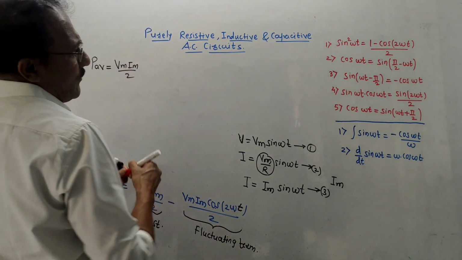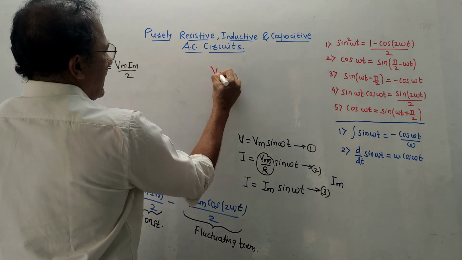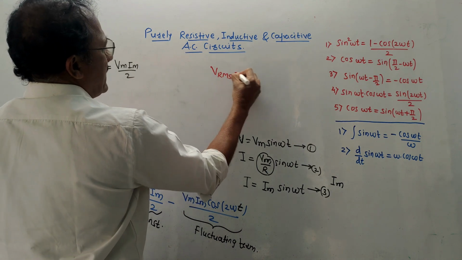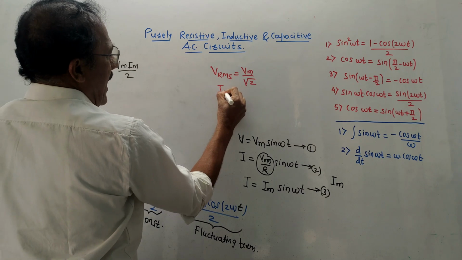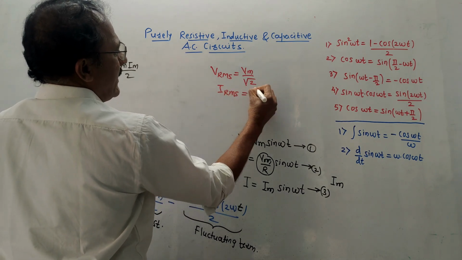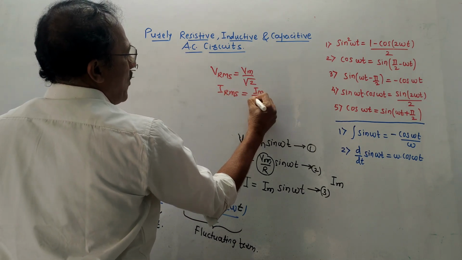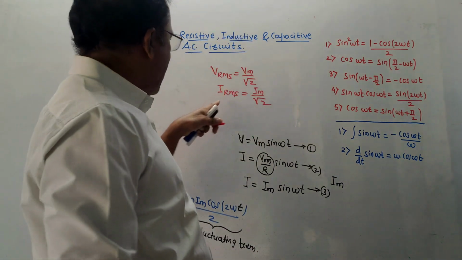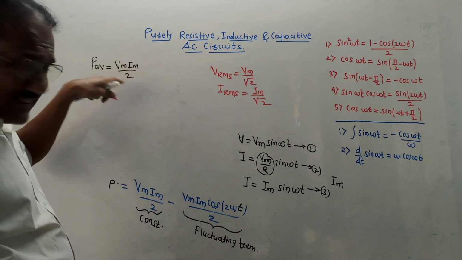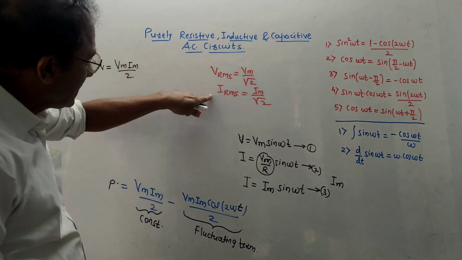We know the standard formula. Vrms, that is the RMS value of voltage, is Vm upon root 2. Similarly, the RMS value of current is Im upon root 2. This is the relationship between maximum value and RMS value. I want to express this equation in the form of RMS values.